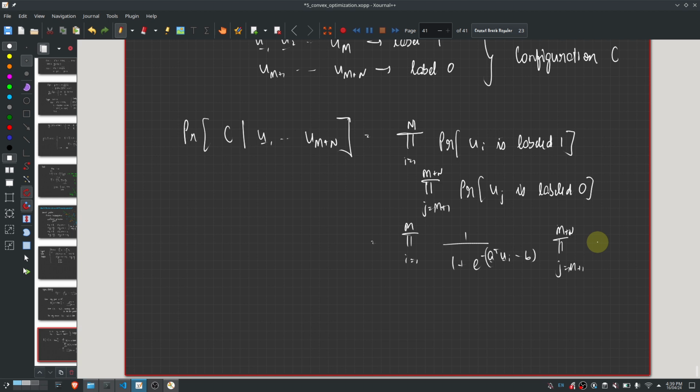Correct. It would be e to the minus a transpose uj minus b divided by 1 plus e to the minus a transpose uj minus b.